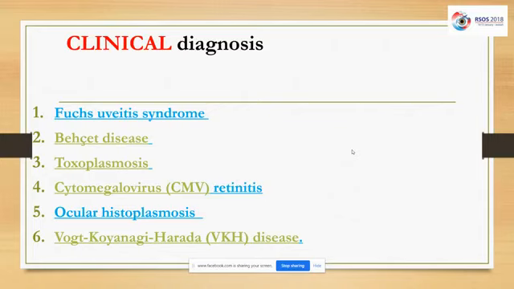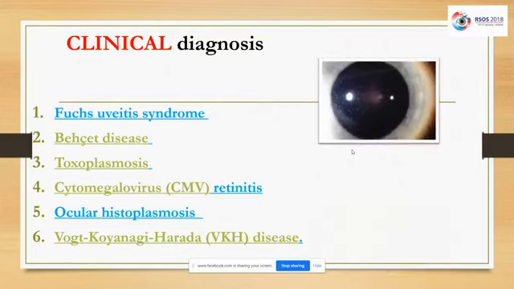There are some types of uveitis that can be diagnosed clinically without any need for correlation to the laboratory workup or any need for further workup for those patients. For example, those patients with Fuchs uveitis.